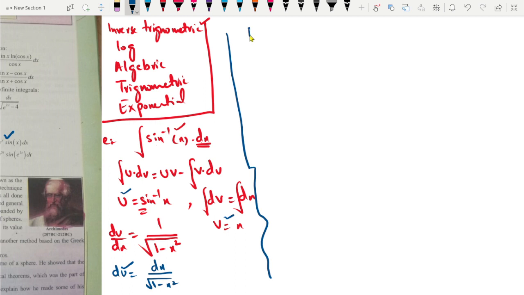Putting the values, integral of sine inverse of x dx is equal to u times v, where u is sine inverse of x and v is x, minus integral of v du, where v is x and du is dx divided by under root 1 minus x square.